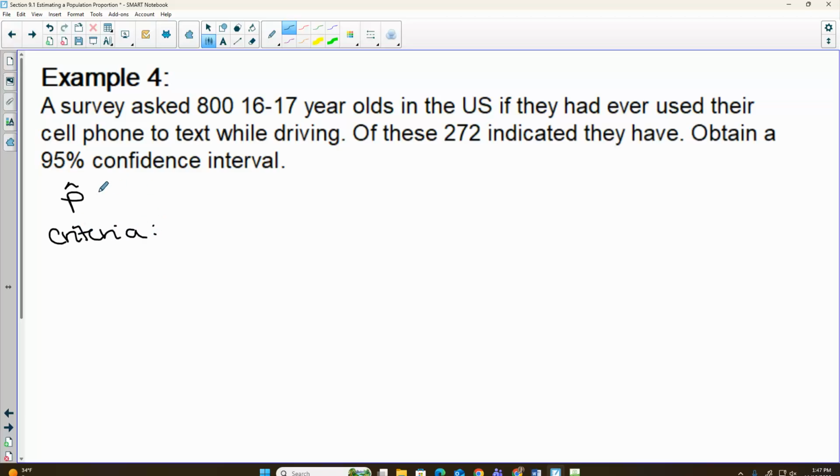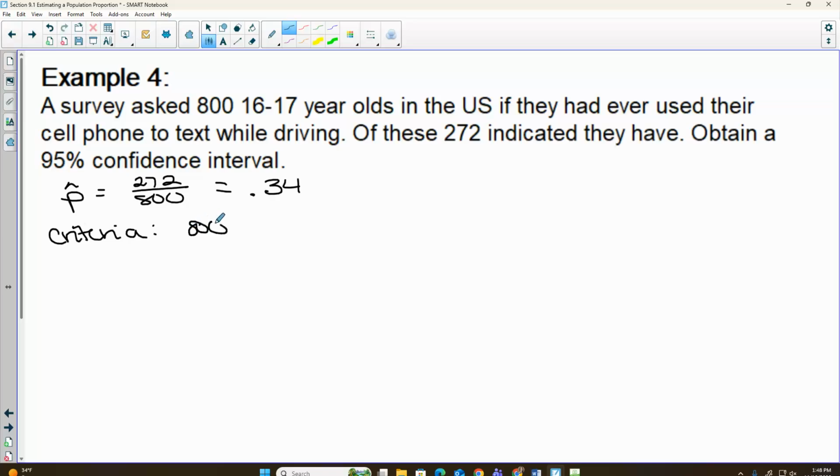How do we get p-hat? I feel like that survey may be a little skewed. Or the people lied. Yeah. So what criteria would we use? N, which was 800.